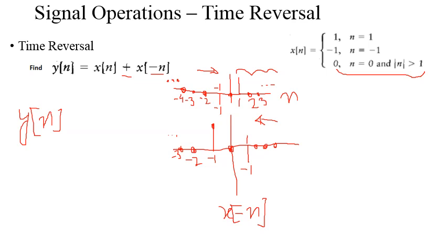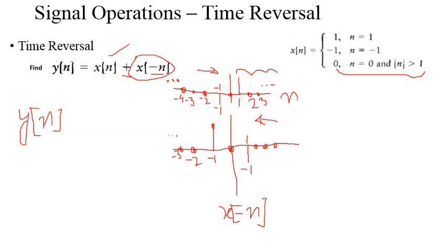So first, to sum the two signals, we need the two signals. We already have the first signal, which is this one, and to obtain the second signal we perform an operation on the independent variable, because it is mentioned that this signal is basically the reflected version of this signal. So we have been given this signal mathematically defined here, and then we plotted it here. After plotting this, we find this signal, which is the time reflection of the original signal.